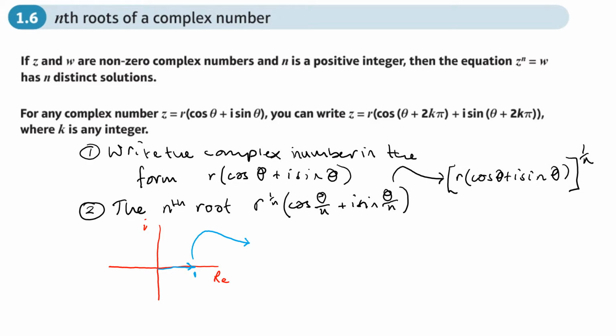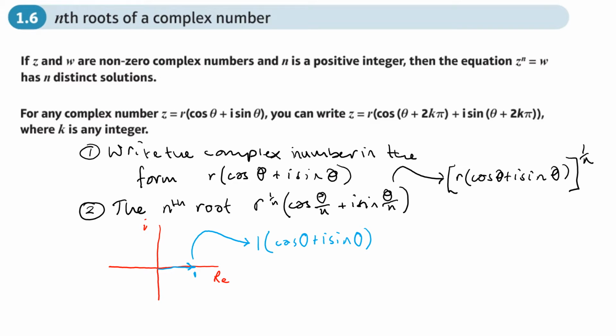This has an argument of 0 and a modulus of 1, so I could write it as 1 cos 0 plus i sin 0. So that's one way of writing it.